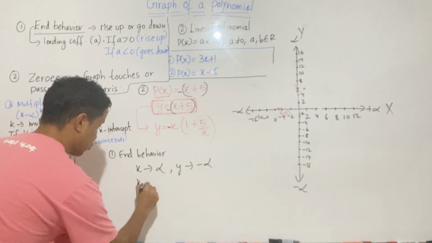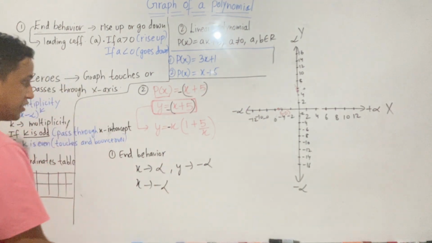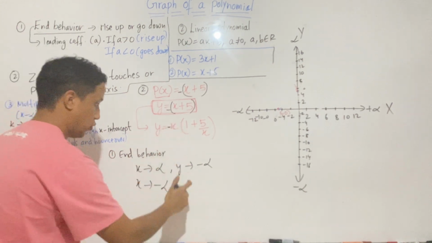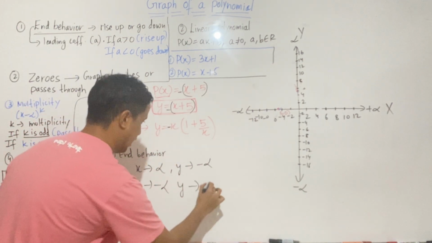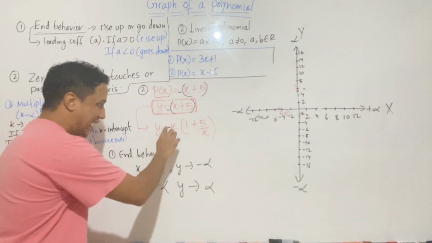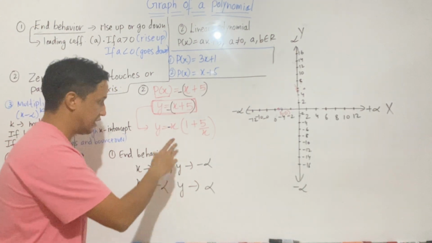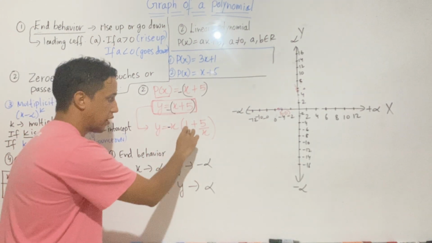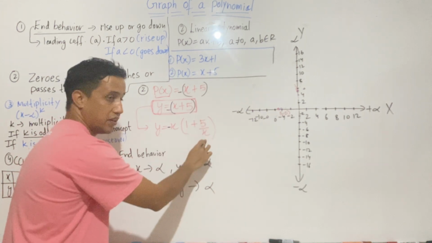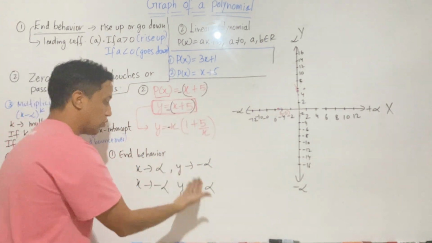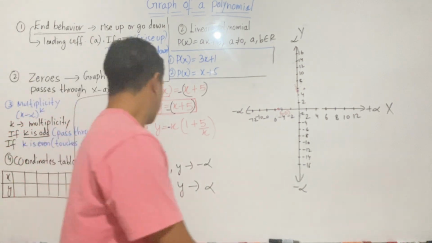If x approaches minus infinity, then this will become infinity. Why? Because minus of minus infinity is positive infinity, this is 1, plus 5 by minus infinity is 0, so infinity.